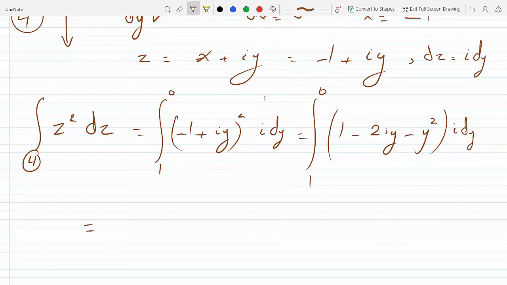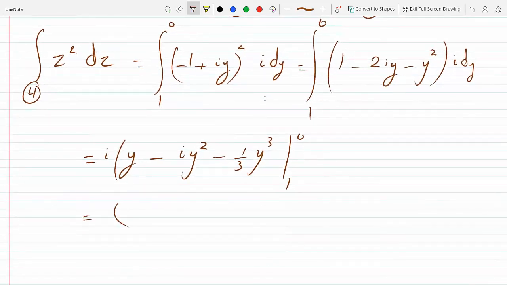Okay, so what does this become? Let's integrate y minus iy squared minus 1/3 y cubed from 1 to 0, and there's an i outside.